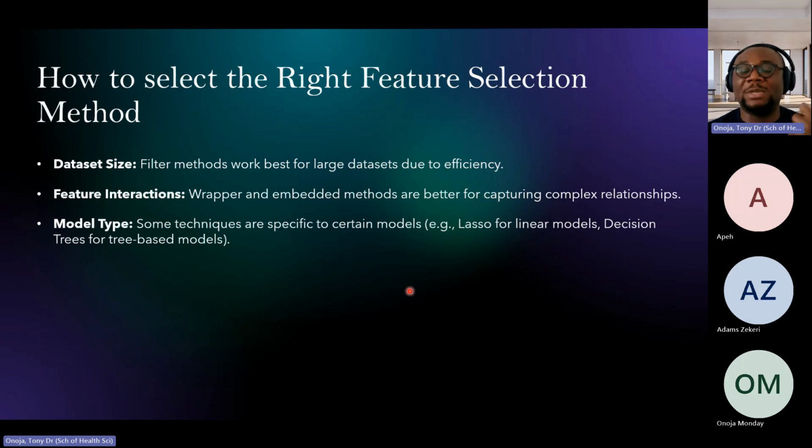Some techniques are specific to certain models, e.g., lasso for linear models, like I told you guys, the regression family. So you have to think in that direction. If you are using things around that regression family and using embedded methods, something like lasso is fine.